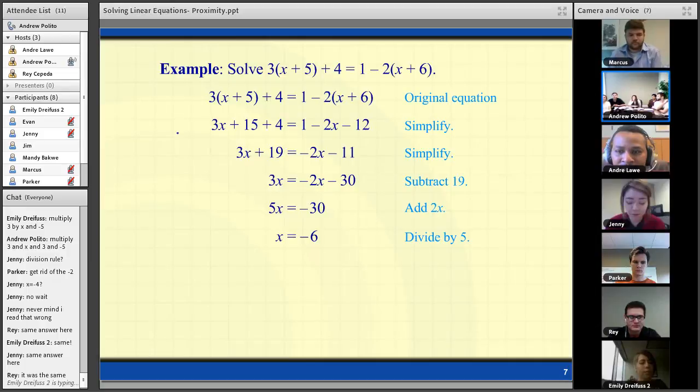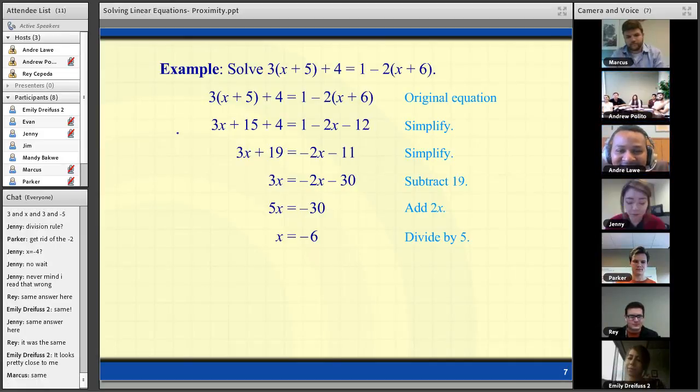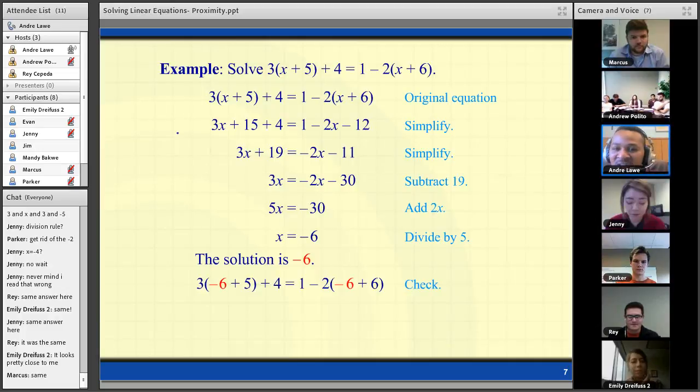Parker did an excellent job. Thank you, Parker. And so our solution here is -6. And the part that we always want to make sure we do is that check.